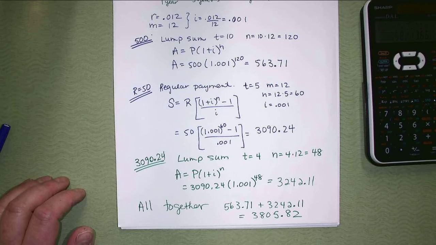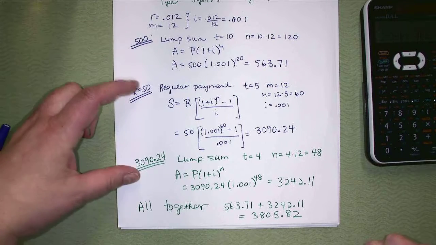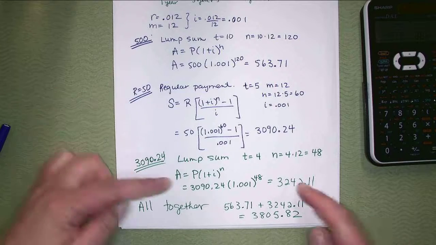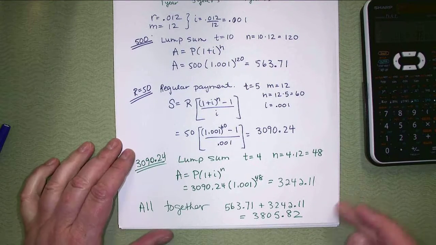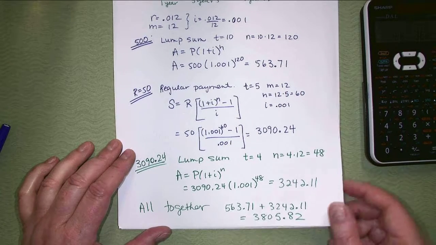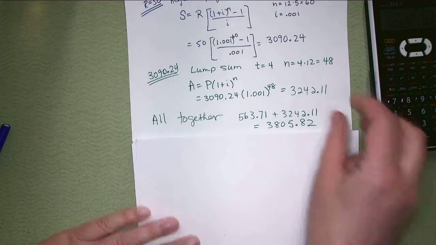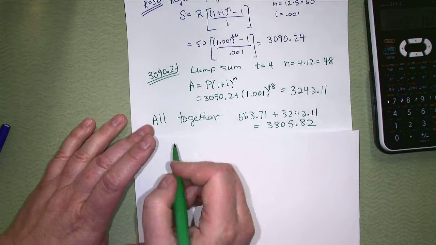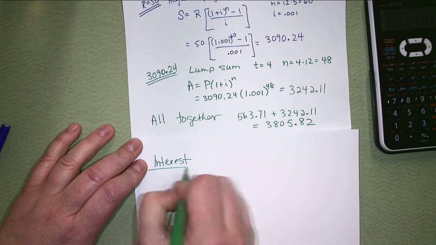Does that make sense? So we take the amount that he had from the 500 and the amount he had from the 50, which was this, and add them together. So that's his all-together amount. How much did he earn in interest? Well, how much did he pay?